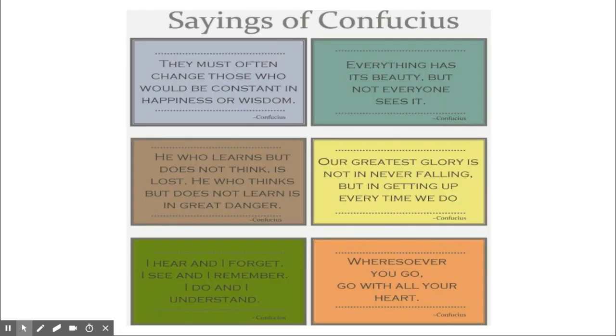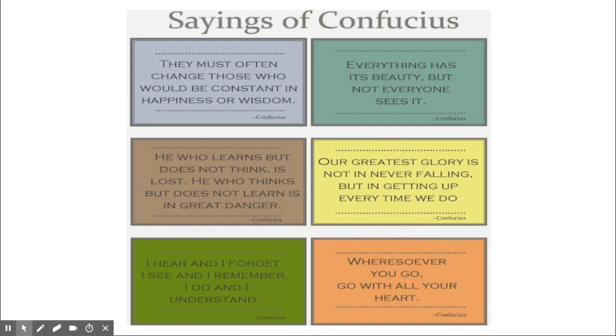When we talk about Confucianism, Confucius was known for his sayings, and these are just a variety of different ones, like, those who would be constant in happiness or wisdom must often change, or everything has its beauty, but not everyone sees it, or he who learns but does not think is lost, and he who thinks but does not learn is in great danger.